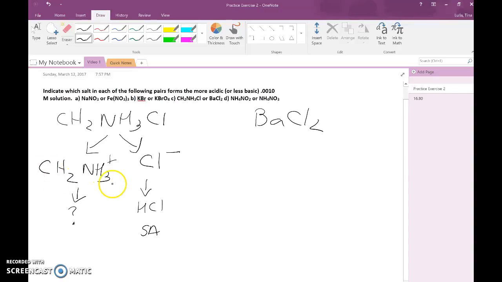So whatever base this forms, which probably is CH2NH2, methylamine or something, I don't recognize CH2NH3 or any version of that as being one of my strong bases. So it's going to be a weak base, which means weak base, strong acid.